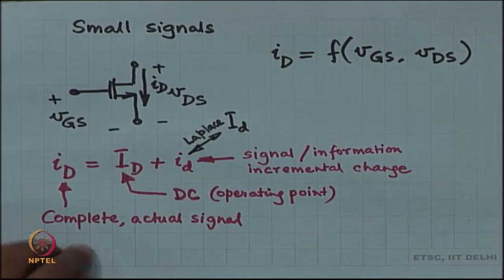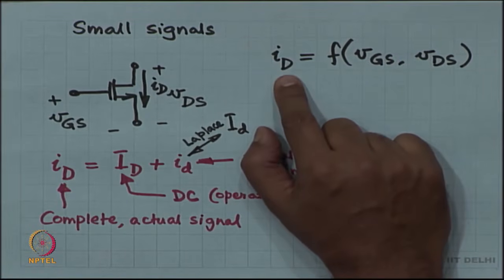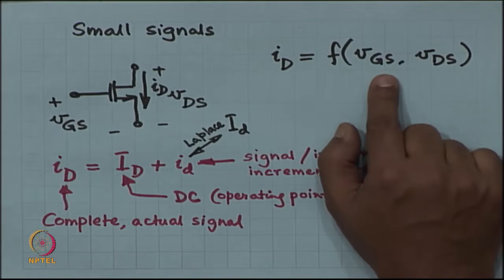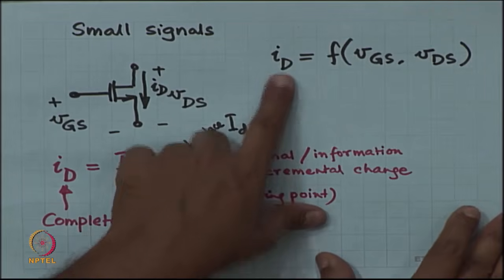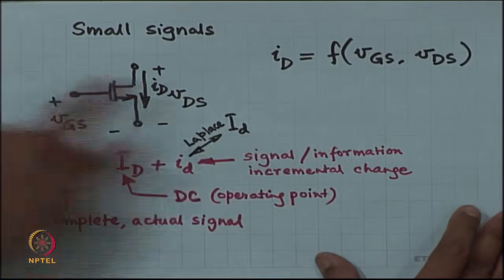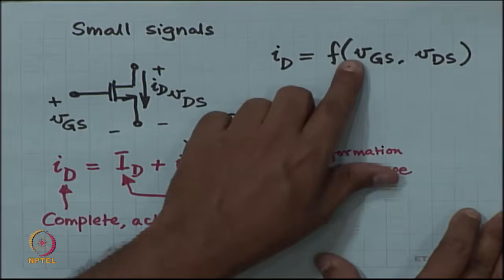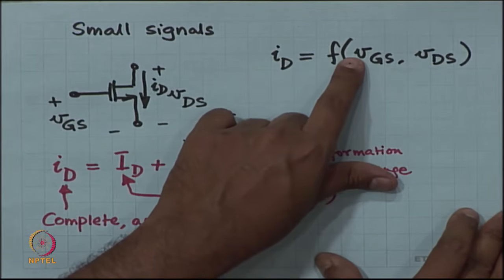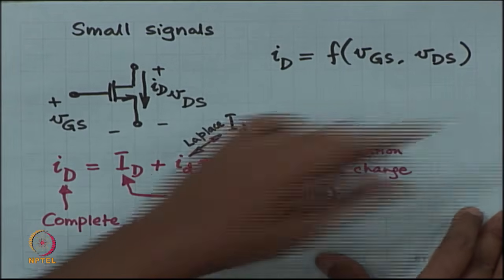Okay. So, so far what I have done is I have said that ID is a function of VGS and VDS. This is all that I have done. And then I am going to say that VGS, this is small sub capital, this is the actual quantity. This can be broken up into capital capital and small small, likewise this.